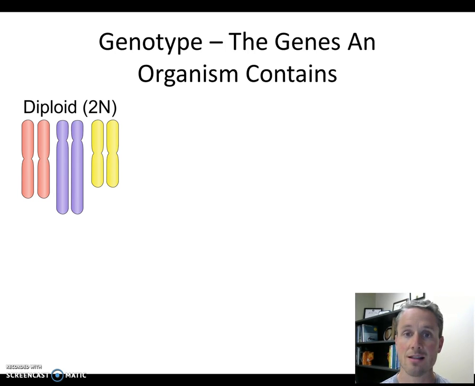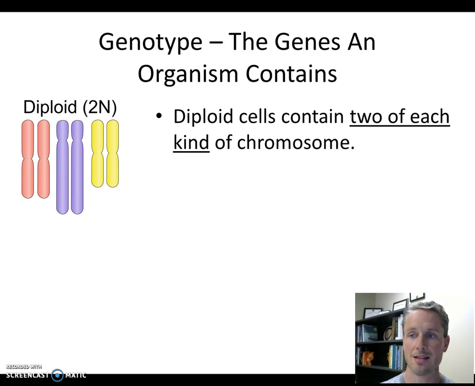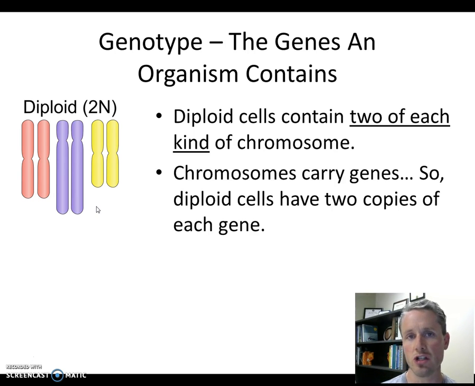Remember that when a cell is diploid, that means that it contains 2 of each kind of chromosome. I've got a picture over here of a diploid situation where there are 3 different kinds of chromosomes: small, yellow, medium, red, large, blue. And there are 2 of each of them. So we have 2 copies of each chromosome. As a reminder, chromosomes carry genes.